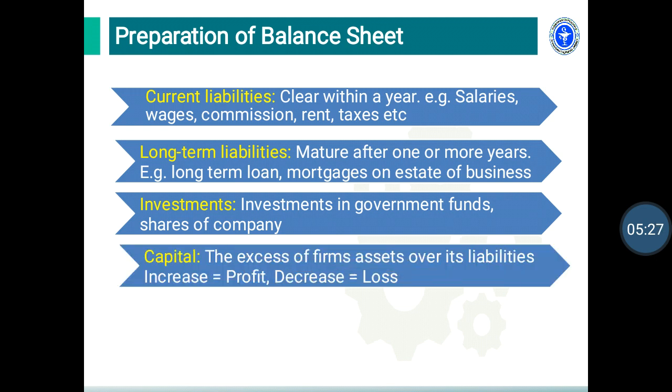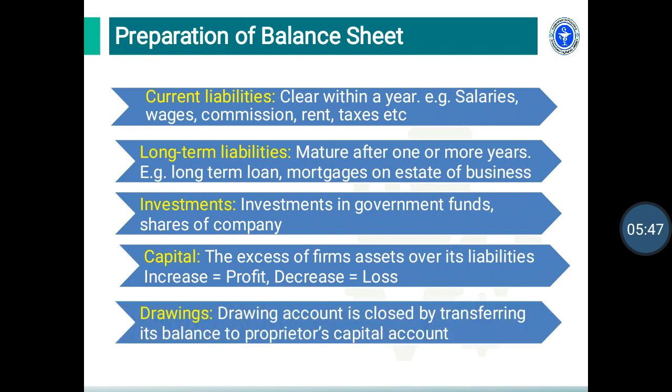Capital. Capital is the excess of the firm's assets over its liabilities. It represents the amount originally invested by the proprietor or partner and is increased by profits and decreased by losses. And the last point is drawing.